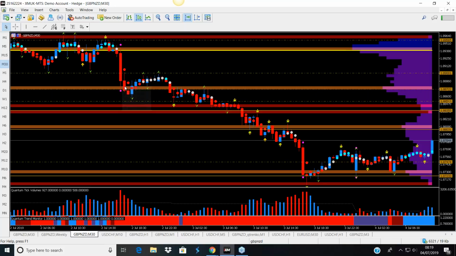We saw this retrace, a little bit of congestion, and as I said earlier about breaking the highs and lows of these volatility candles, which give you further support and resistance levels, when it kindly did break away, again we had a little bit of congestion, but we had a fairly steady move lower. As I said, it's a much more measured pair, albeit we do get the odd volatility candle as well.